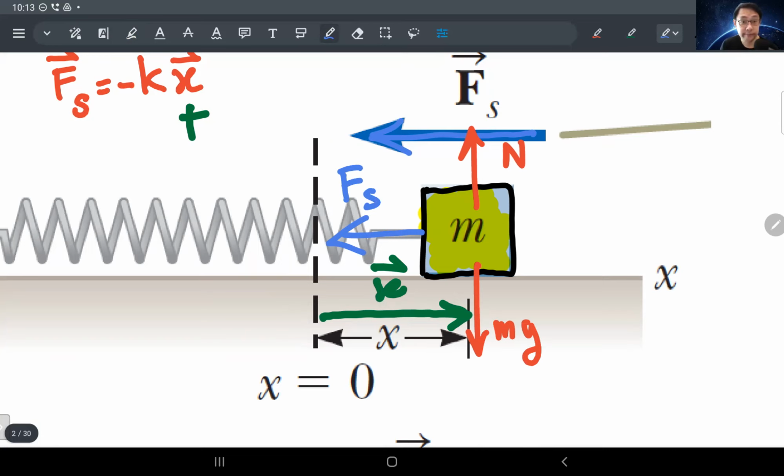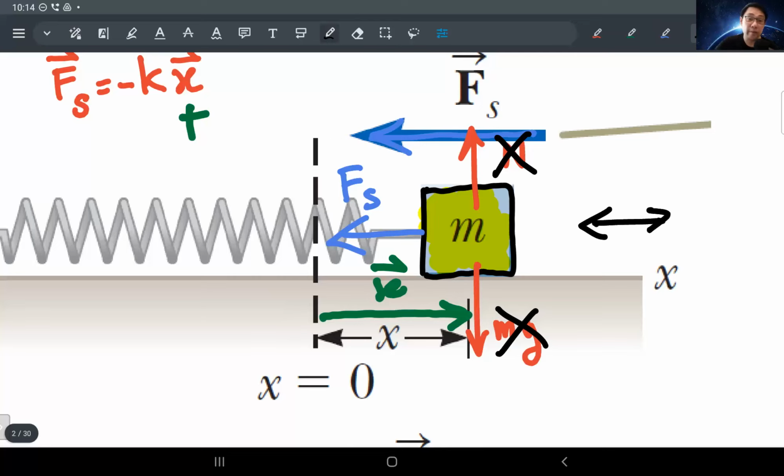Sounds good? All right. However, you don't have to worry about the N and the mg because they're going to cancel each other out. All of the motion that is happening is going to happen along the x-axis. So this is going to be a single one-dimensional motion. Everything is going to move along the x-axis alone.